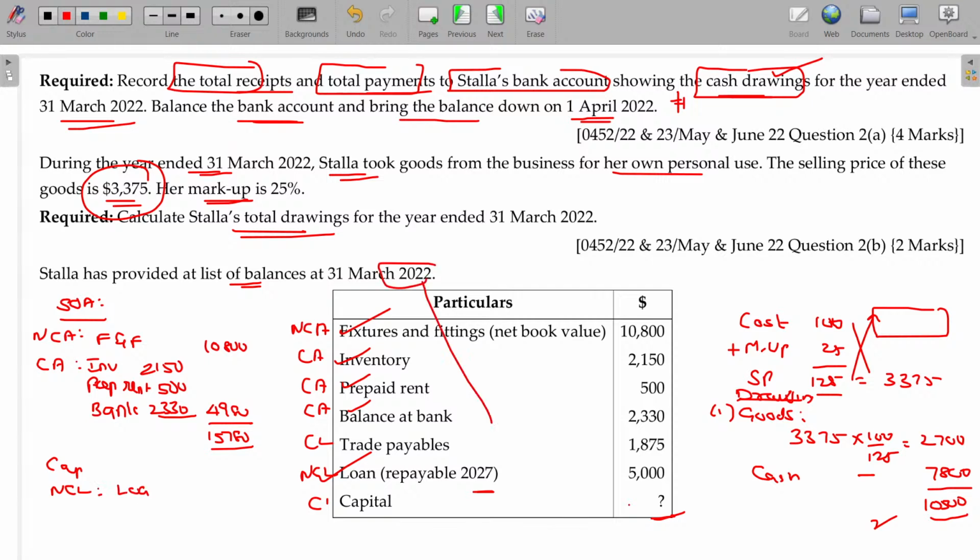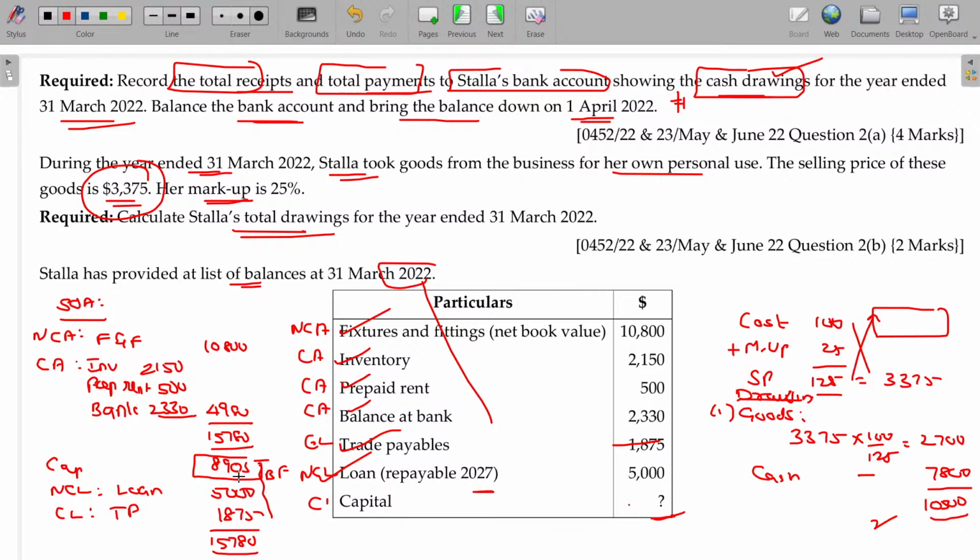So non-current liabilities 5,000 rupees. And under current liabilities, we have trade payables 1,875. The total being 15,780. And this will be the balancing figure. The total of all being 15,780, what about the balancing figure here? 8,905 will be the balancing figure. We got the capital.